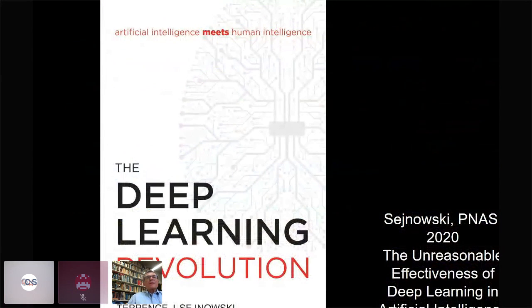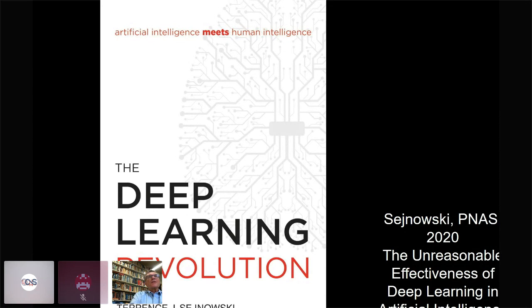Now, the bigger point here has to do with the use of these really powerful modern tools that have come out of machine learning, and Thomas really used them very powerfully to explore the visual system. And I've written a book about this called The Deep Learning Revolution. It's a trade book for a general audience.